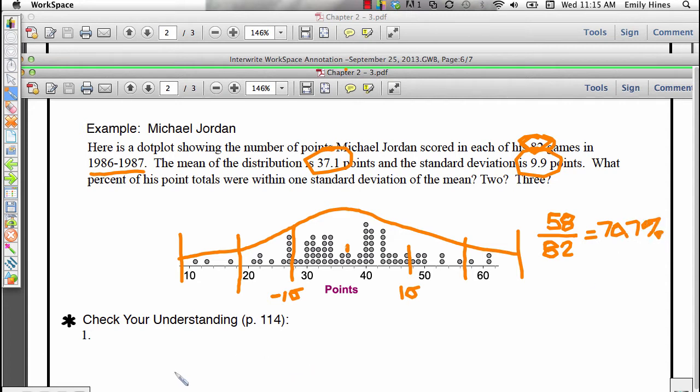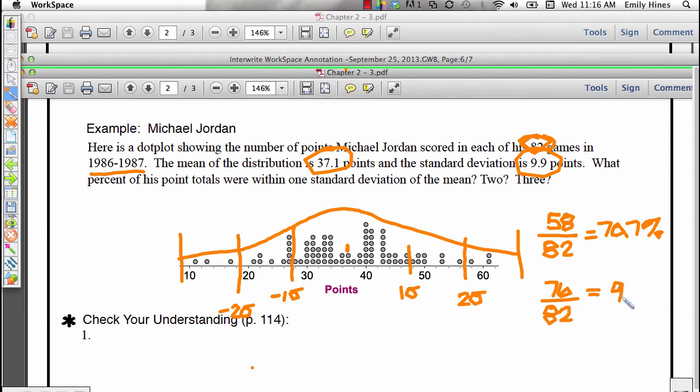Okay, if I then calculate from 2 standard deviations down to 2 standard deviations above, I find that I have 76 out of 82 points.